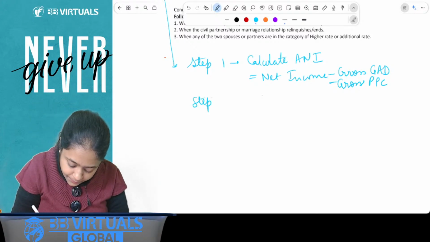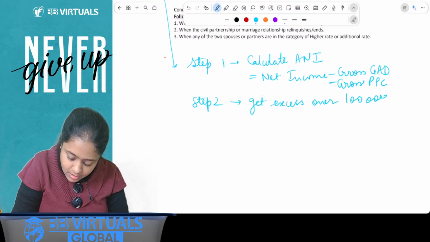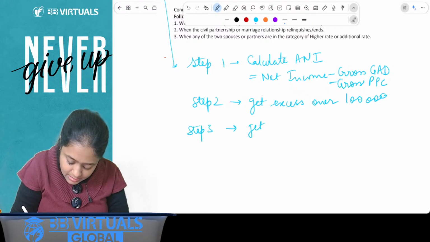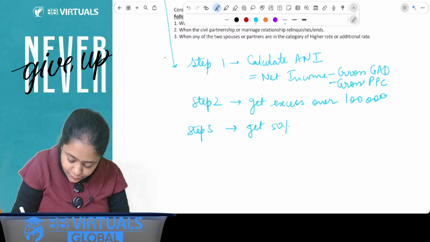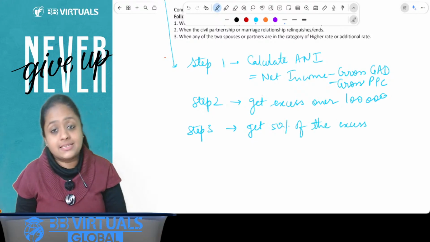Step 2, get excess over 1 lakh. Step 3, get 50% of the excess.